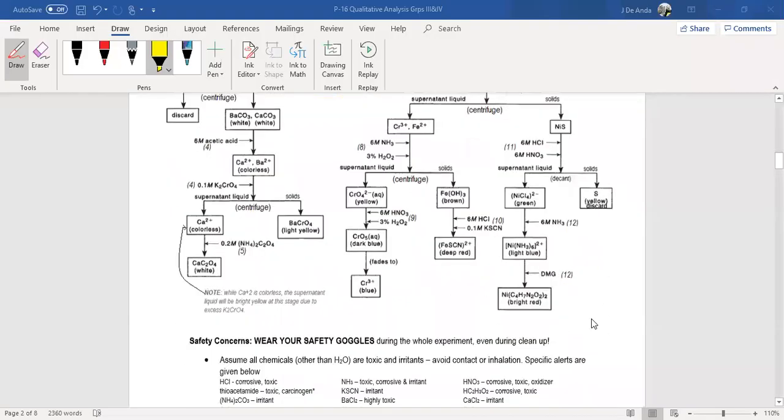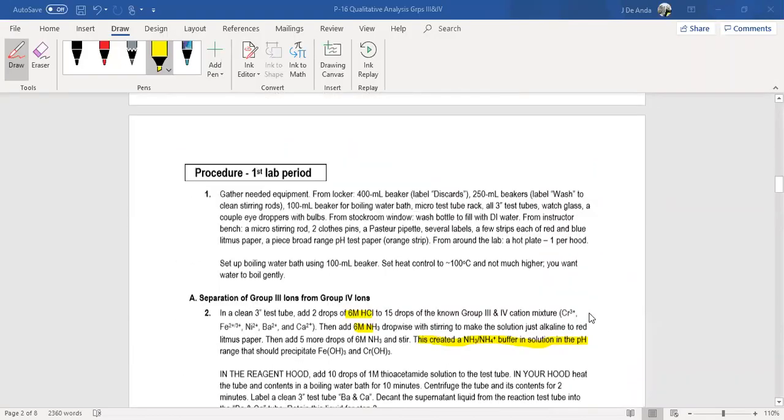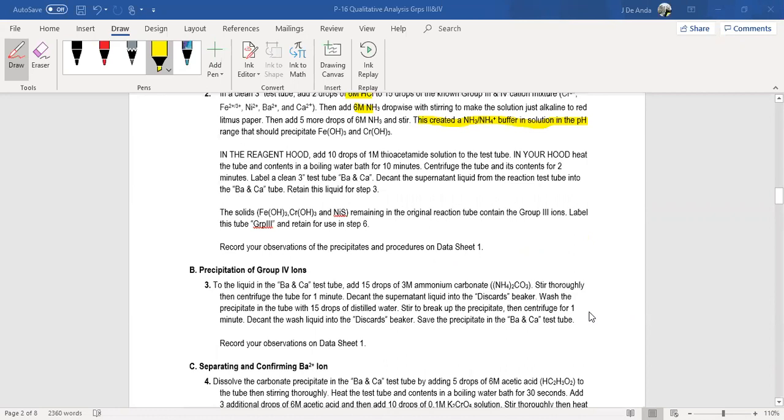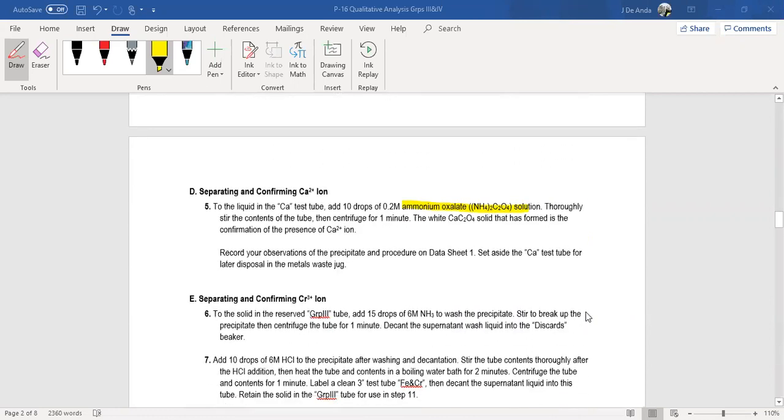Please take note of a special situation that we sometimes encounter with this step. And this is in your procedures. I'm going through these things just because I'm trying to simulate or give you a sense of what could happen in the lab.